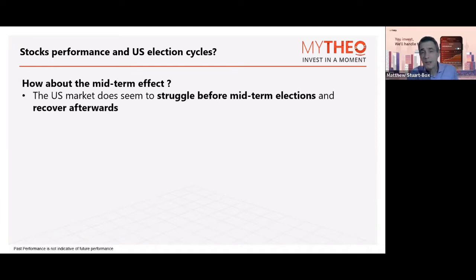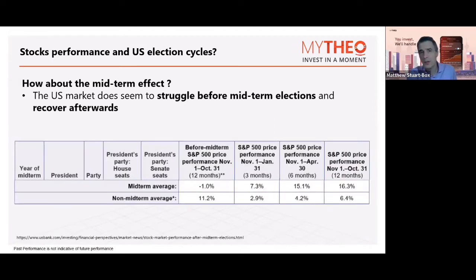And what we see here is the US market in general tends to struggle, perform weakly before the midterm elections, and then recover afterwards. This is from research that looked back over, I think, the last 60 years of US elections. And the thing to look at is this row here.